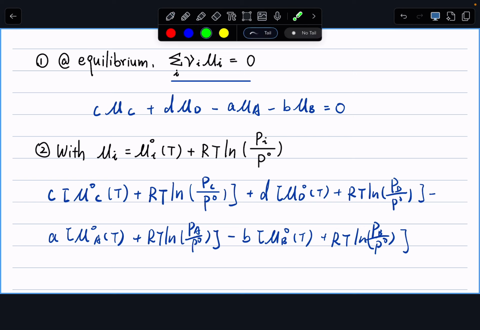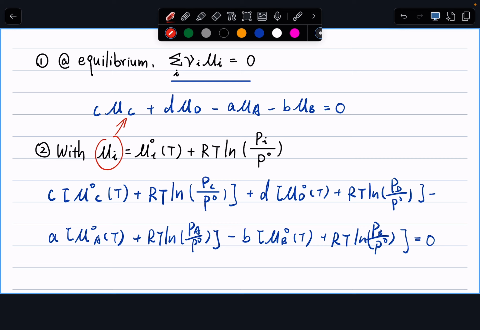And this will add up to be 0. Nothing fancy, we're just plugging this relationship into each of the terms in equation A, and equation A comes from our original definition of what tells us the reaction is at equilibrium.